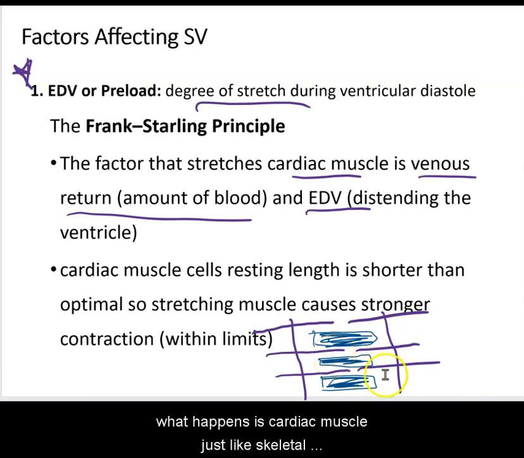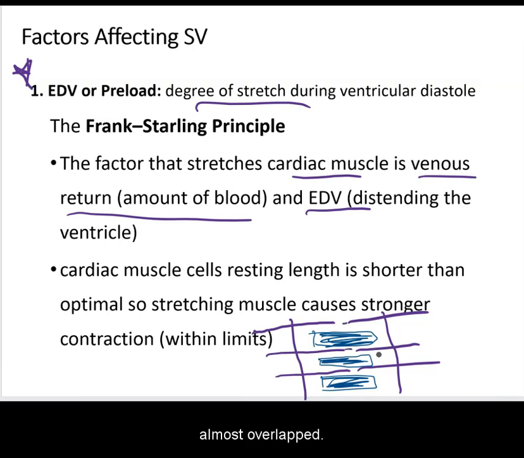Well, what happens is cardiac muscle, just like skeletal muscle, when it's at its normal length, it's not optimal. If you were to stretch it a little bit, you're going to activate more cross bridges. And so think about it like this. They're almost overlapped.